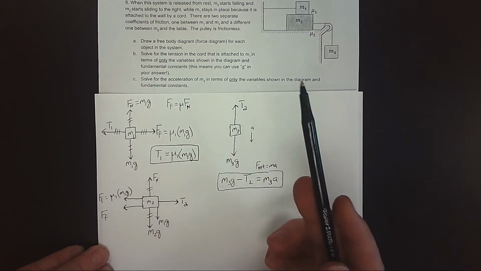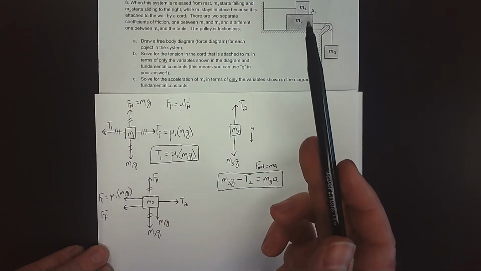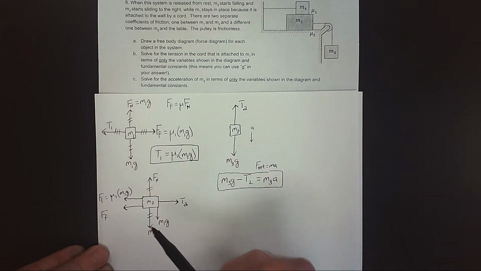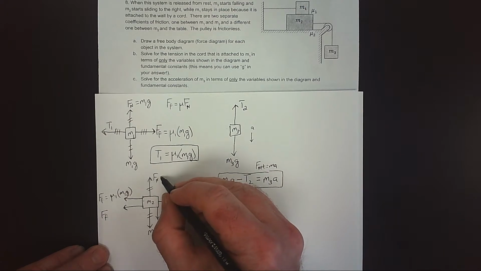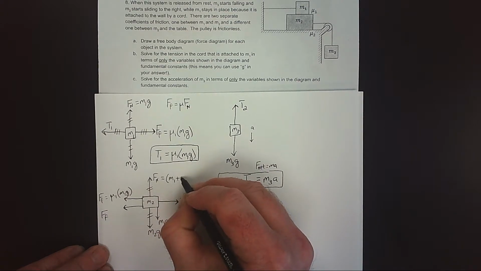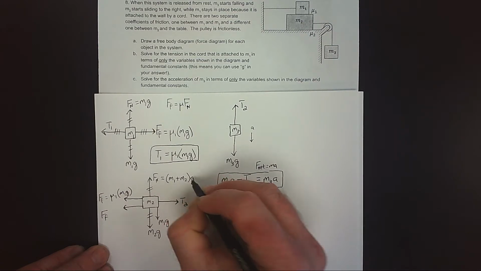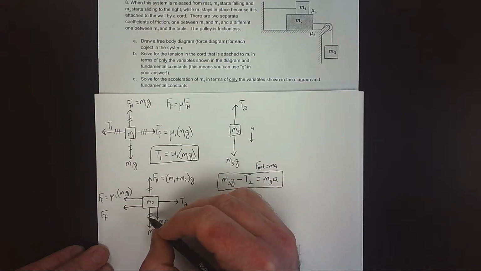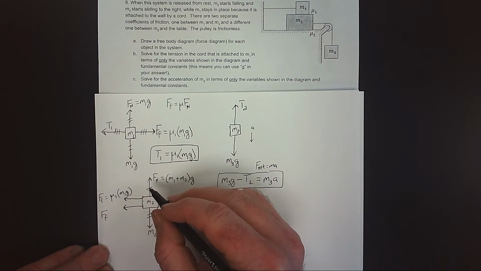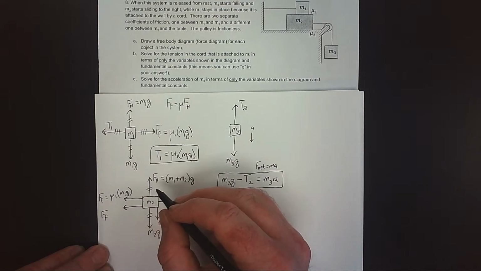It is. It's on top of it. We can't forget that. We've got that additional gravity hanging on there, and so our normal force will actually, in this case, be equal to M1 plus M2 times g. Both of these forces of gravity must be balanced by this normal force. So it's important not to forget that.